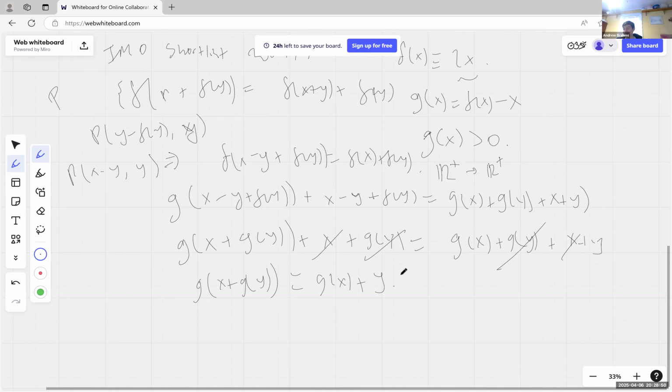Now, this looks very good, right? And what you can actually get from this is that g is injective.